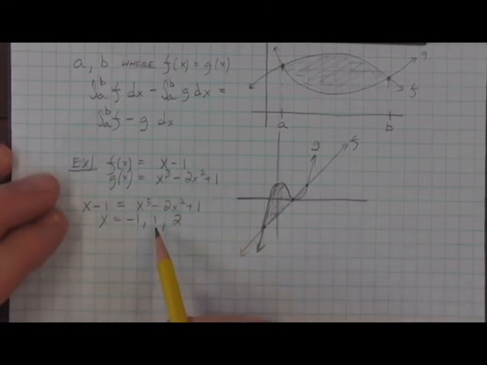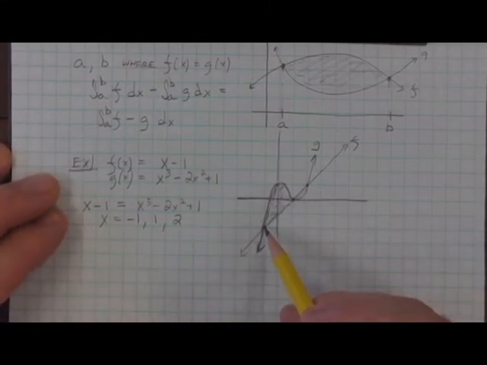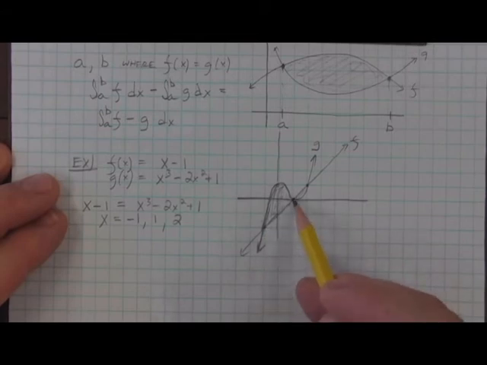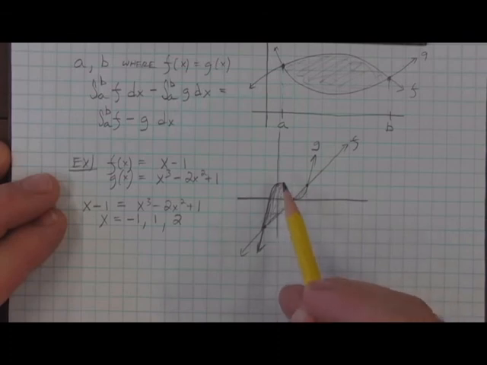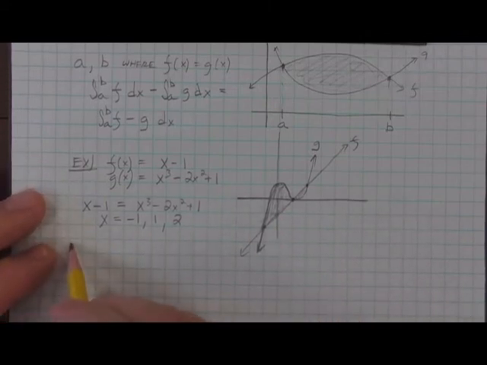So from -1 to 1, that is the region that is bounded between these two points. And the function that is on top is g, and the function on the bottom in this region is f. So we set up the integral.